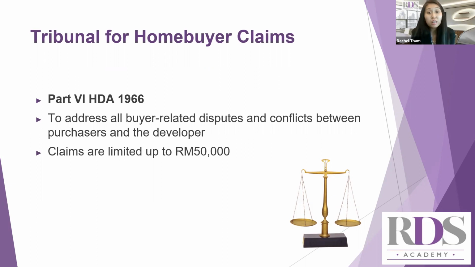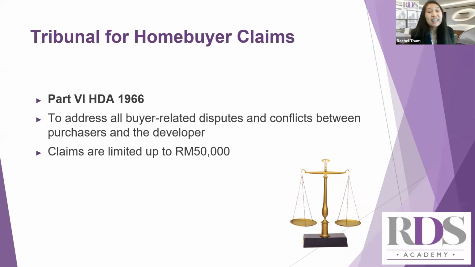The Home Buyers Tribunal can only deal with claims worth 50,000 ringgit or below. This means that the maximum amount the Home Buyers Tribunal can award a home buyer is 50,000 ringgit. However, the tribunal may still hear the claim where it exceeds 50,000 ringgit if both parties agree in writing for the tribunal to hear the claim, or where the home buyer limits his claim to only 50,000 ringgit.